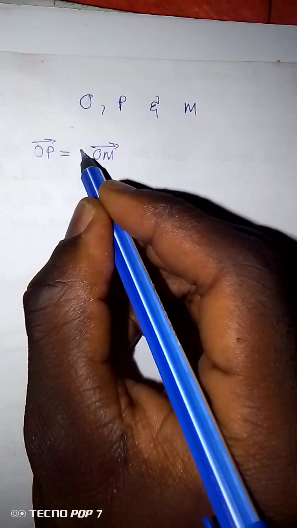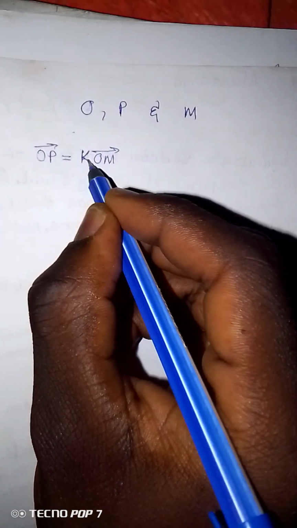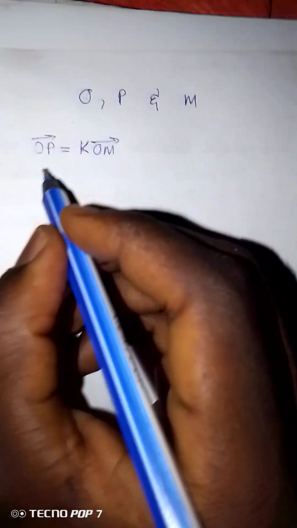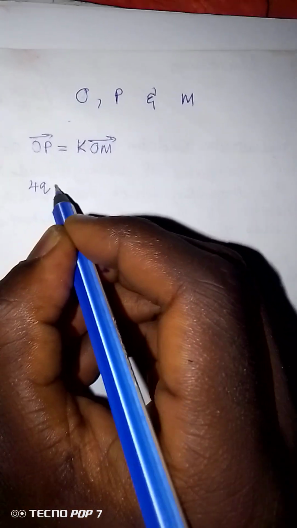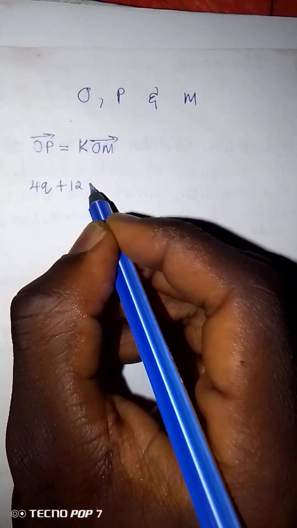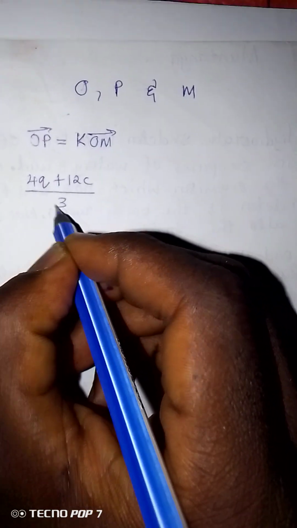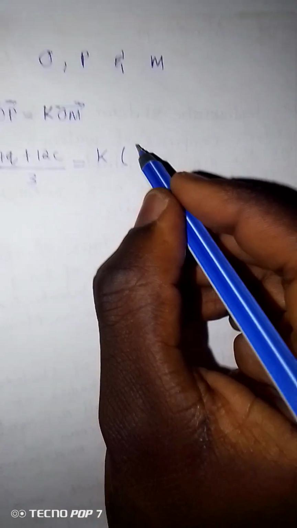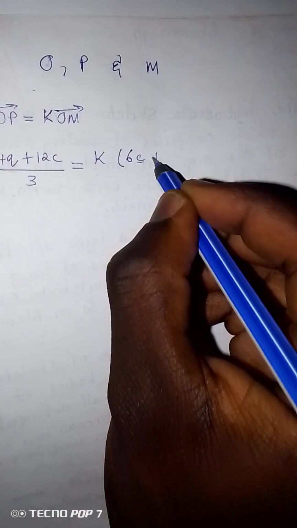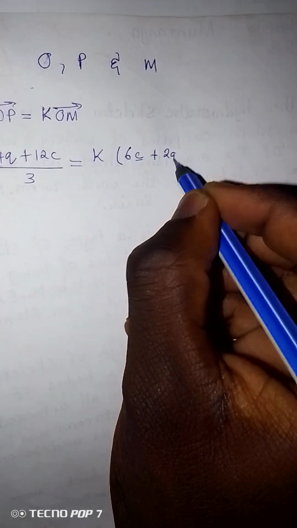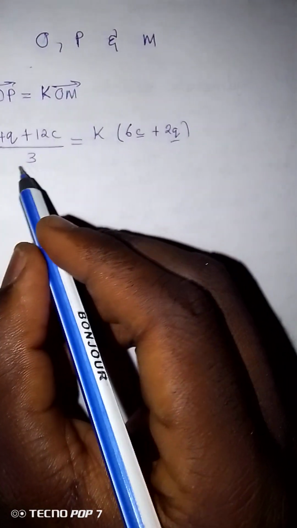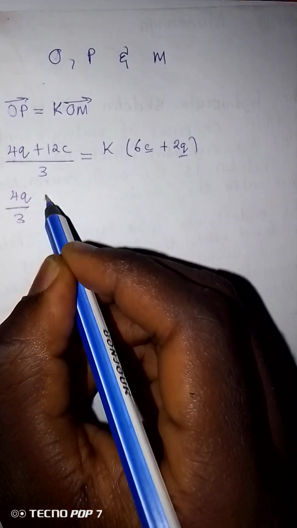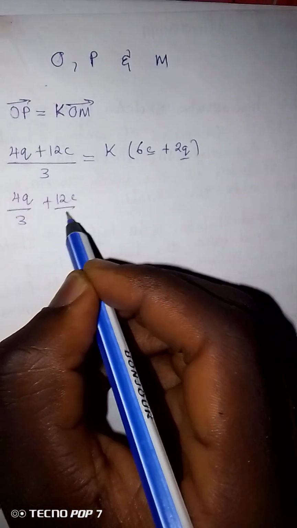Then where there's OM, you put k. What was the value for OP? OP, we found it was 4q plus 12c over 3, is equal to k. OM, it's what? 6c plus 2q, like this. Then you write like this, 4q over 3 plus 12c over 3.